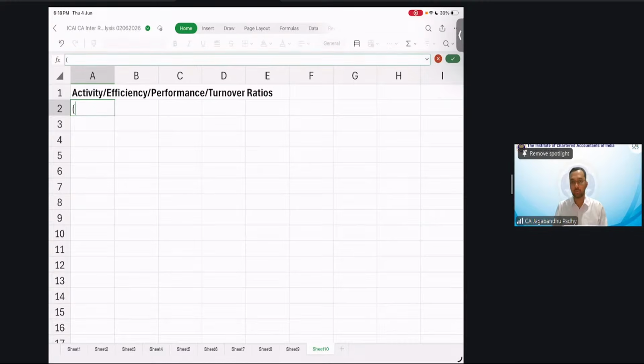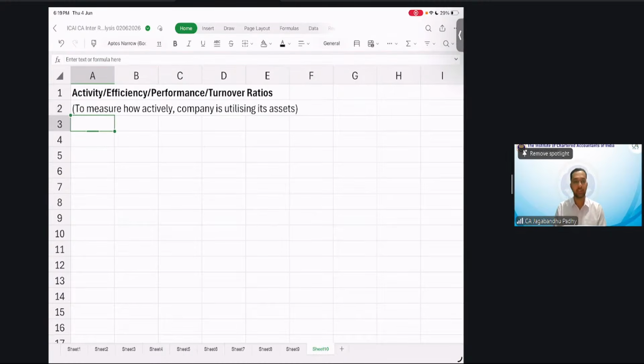Okay, so this is going to be there to measure how actively the company is utilizing its assets.